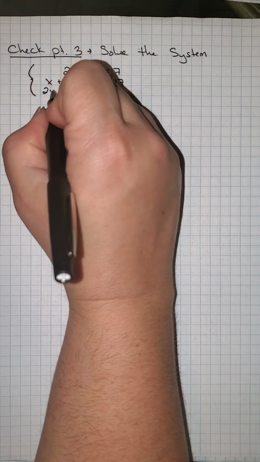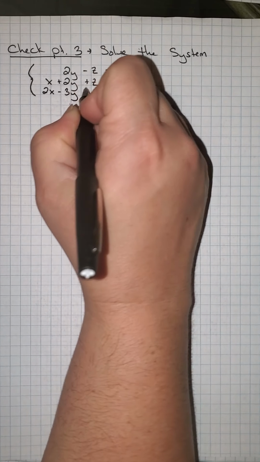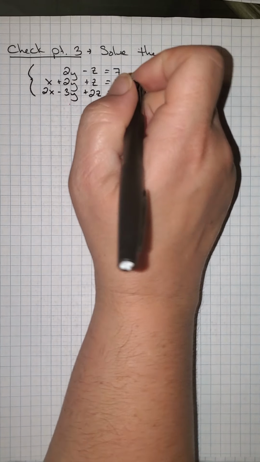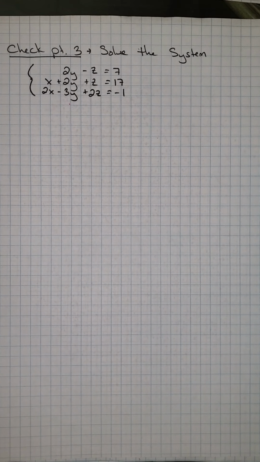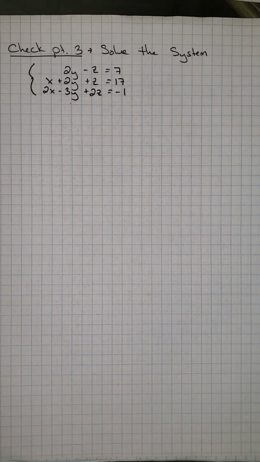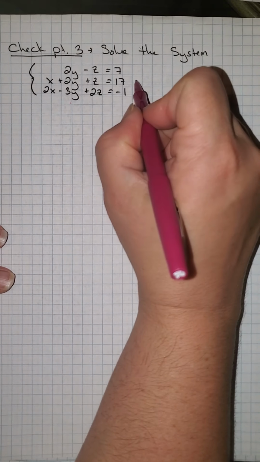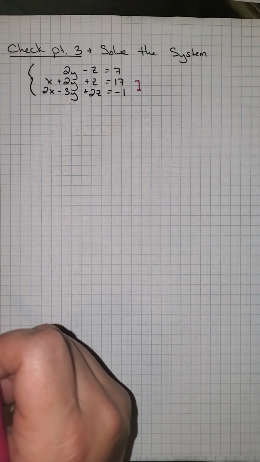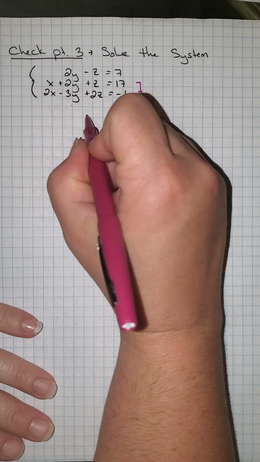And then 2x minus 3y plus 2z equals negative 1. Alright, so this one in the beginning is missing an x. So we need to put the second two together and get rid of an x, just so they can both have y and z.